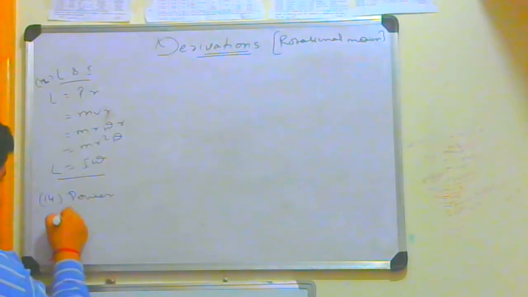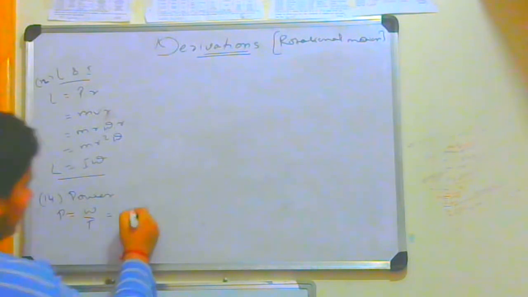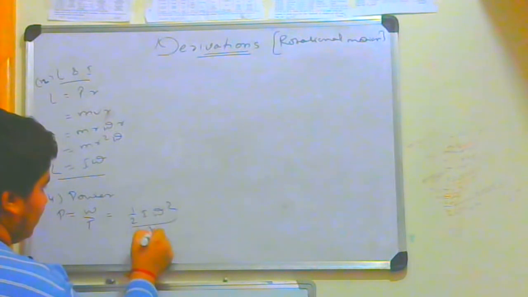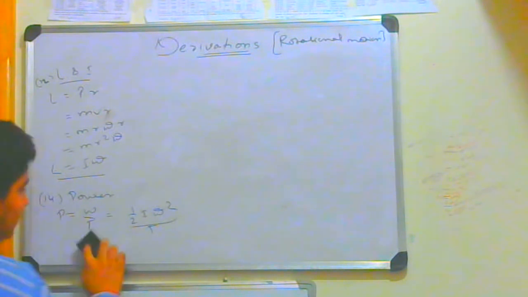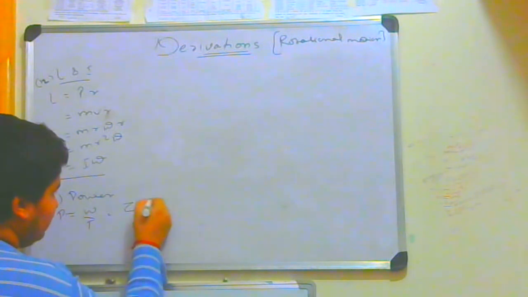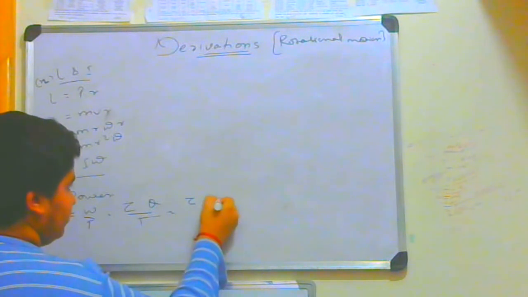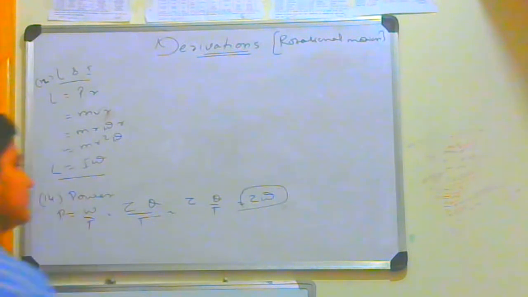Okay, for power we know that power is equal to work done by time, हमने अभी वर्क डन के लिए हमने एक इक्वेशन मारा था, दैट इज हाफ आई ओमेगा स्क्वायर अपॉन टाइम. एंड व्हाट इज ओमेगा स्क्वायर? ऐसा लिखोगे आप या आप ऐसा डायरेक्टली लिखो. वर्क डन इज व्हाट? वर्क डन इज force into displacement upon time equals tau into theta upon time equals tau omega. No, that is power.